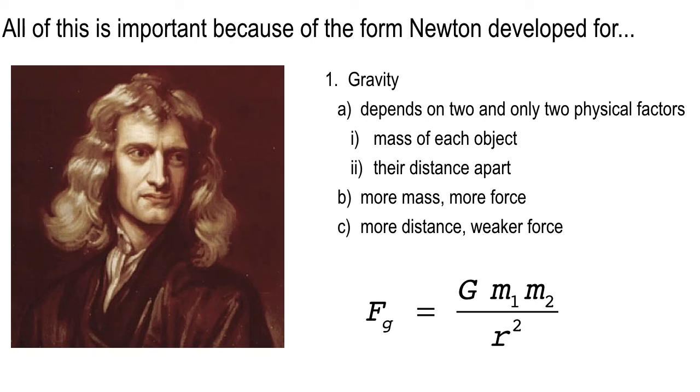Now, capital G, you can make a note of that. That is a conversion factor. It's called Newton's constant or the gravitational constant. And he introduced it as a constant of proportionality. Kind of like when you convert from Celsius to Fahrenheit, you might remember from middle school science class, you have a ratio, 5/9 and 9/5, that you have to use, and you have to subtract 32 or add 32 and all that.